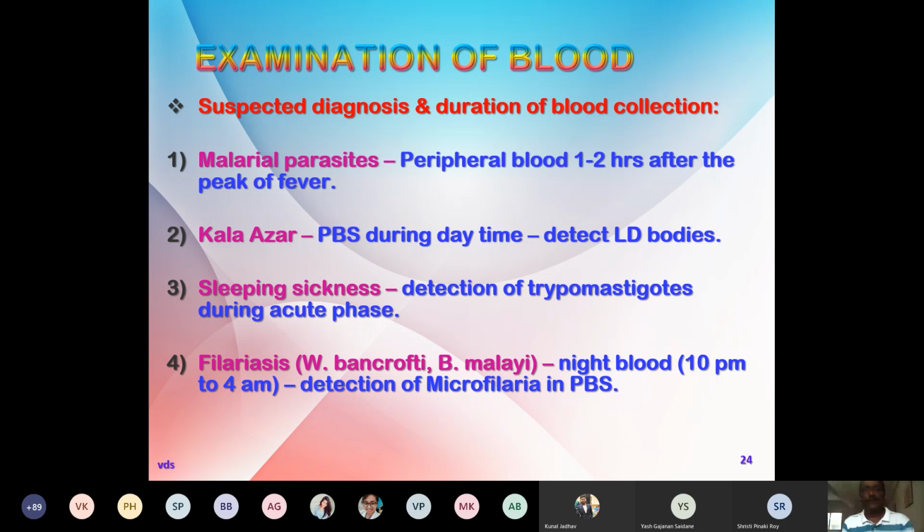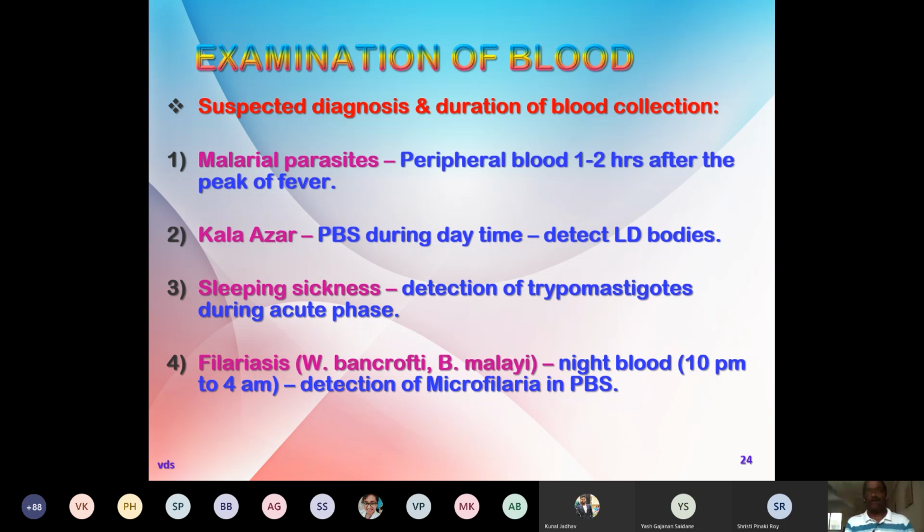I've given some of the important ones which are more prevalent in India. When you suspect a particular type of infection, sample collection also has a specific time period or duration.